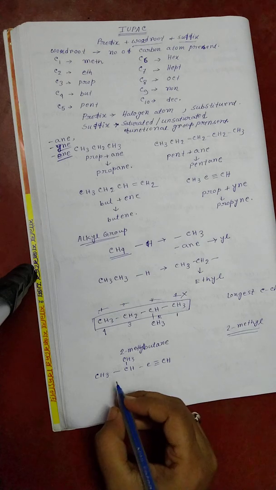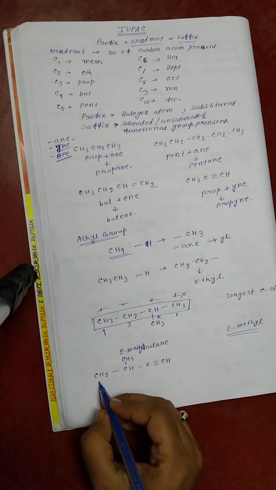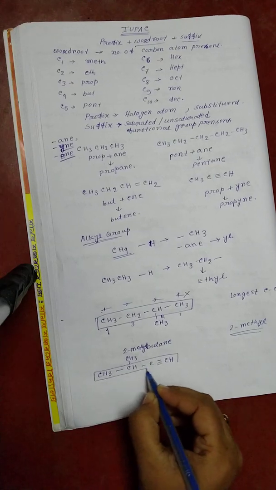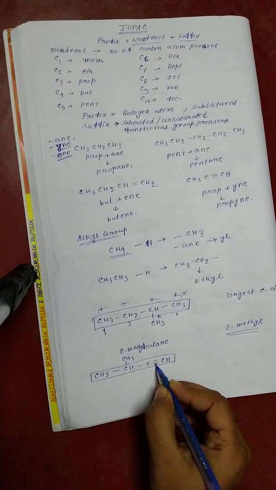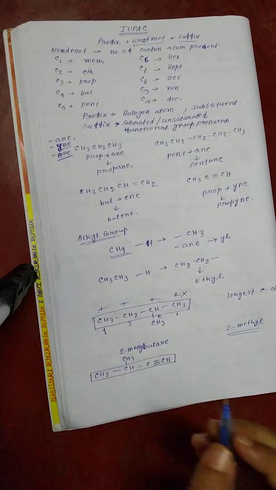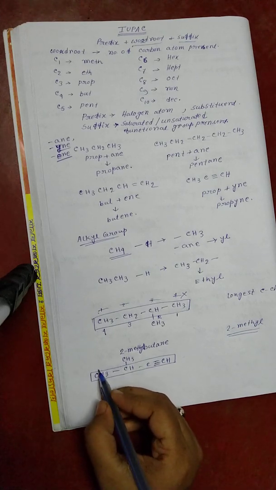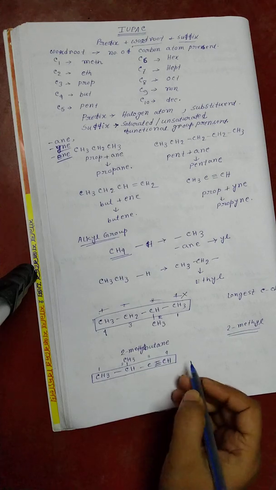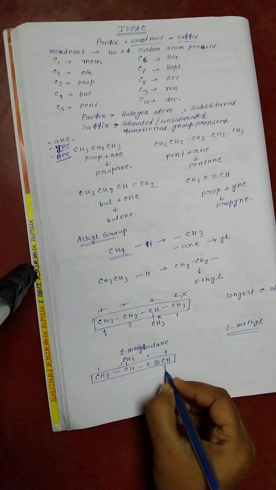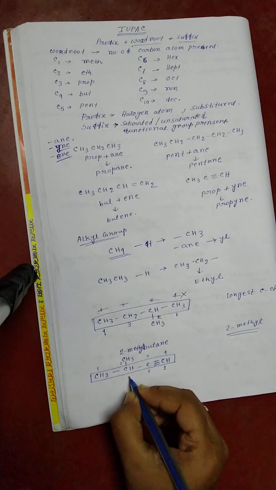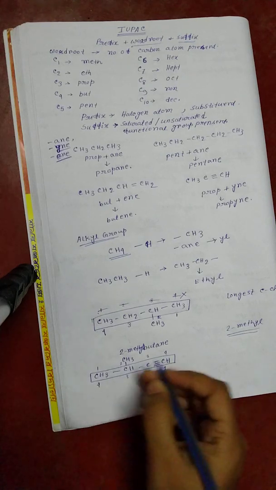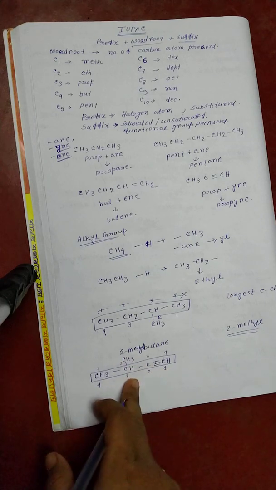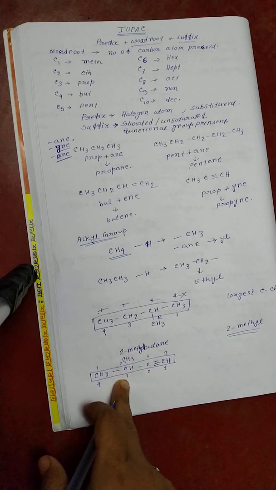In this compound I am considering this as the longest carbon chain. If you give the numbering in this way, 1, 2, 3 and 4, the substituent is in the 2 position, and in the other direction the substituent is in the 3 position.